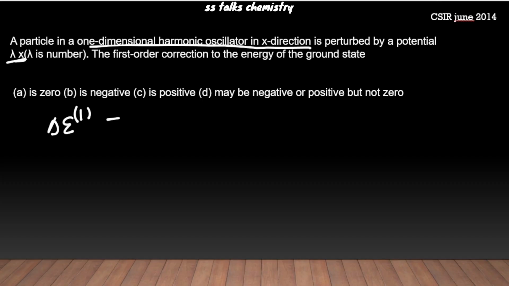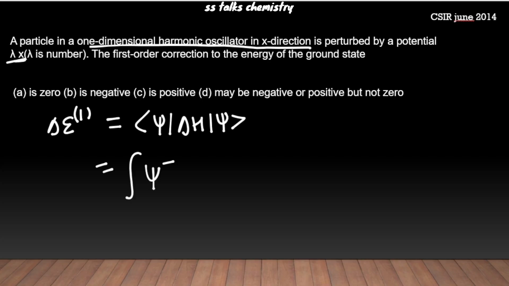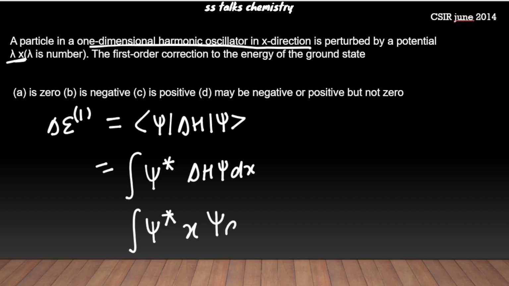Delta E for the first order is equal to psi, the perturbation that you have, into the psi, in bra-ket notation. This is equivalent to integration of psi star into the perturbation into the psi dx, because SHO we are talking, so this can be written. So now here it is psi star into the x into the psi into the dx, lambda times the x.